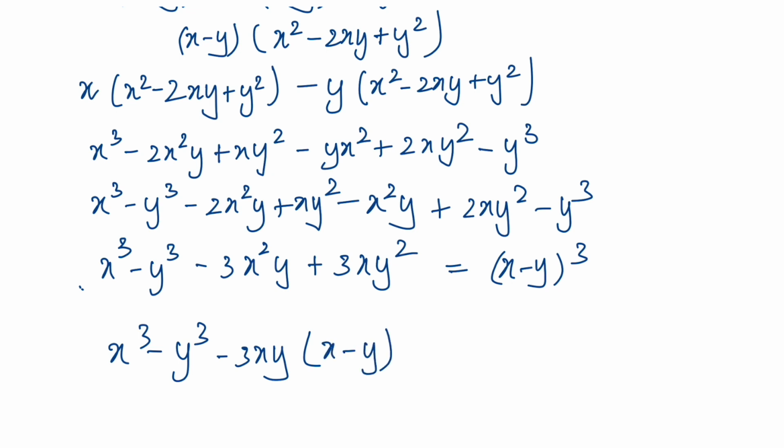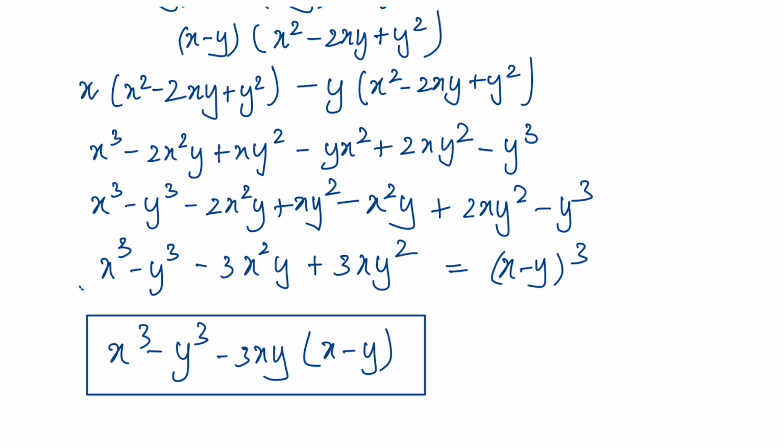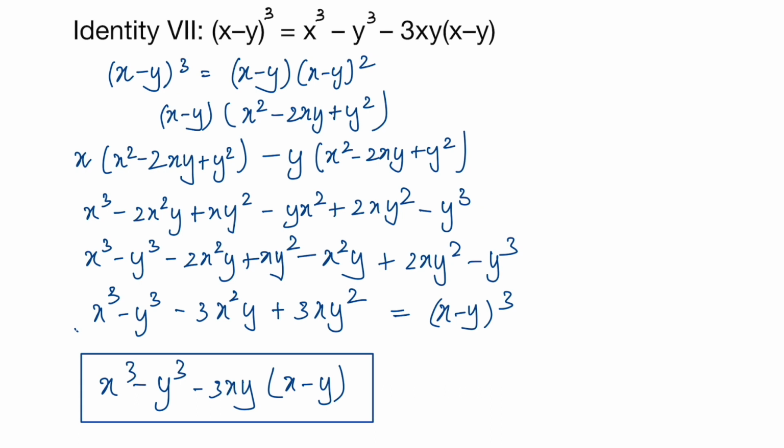If you take plus 3xy as a common factor, that makes minus x plus y, and x minus y seems like a pleasing way, and the question also has x minus y, right? So we have taken minus 3xy as a common factor from the last two terms, and that leaves you with minus 3xy into x minus y. Okay, so that is the identity for x minus y the whole cube.